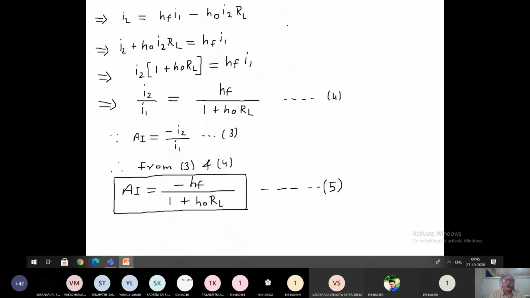So this will become Ri is equal to Hi plus Hr, minus Hf by, what is that equation? Minus Hf by 1 plus H naught RL.